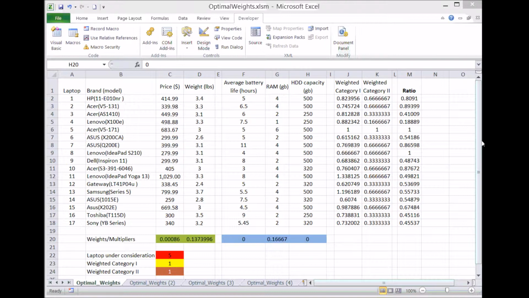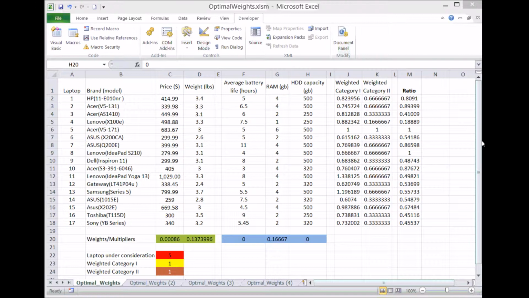So the question you may ask is, does that mean the two measures, in this case the battery life and the HDD capacity, are not considered for this particular laptop number 5, although it achieves a maximum ratio of 1, which means it is the best practice laptop?